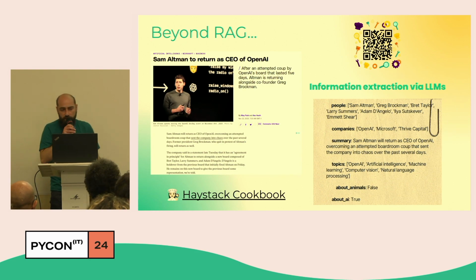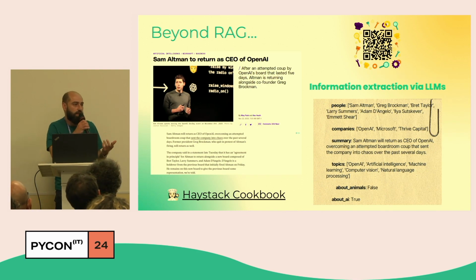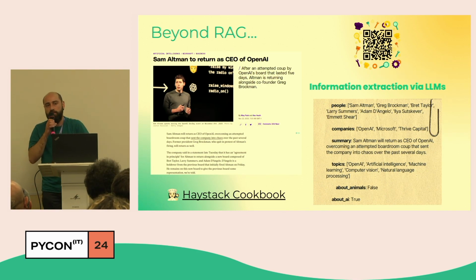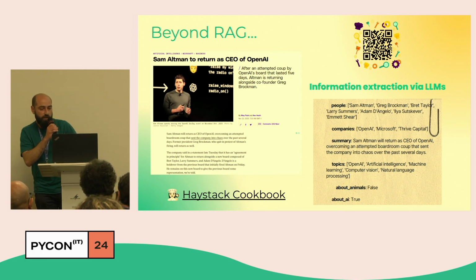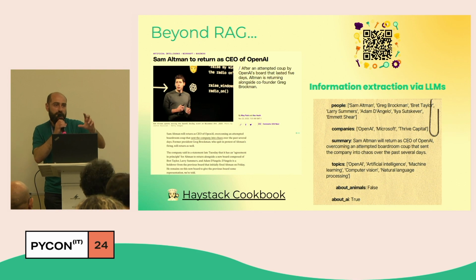Another interesting application, I think, is information extraction. You probably know classic ways to do that: named entity recognition, classification. The nice thing about using a language model for this is that you can dynamically define the structure you want to be extracted.